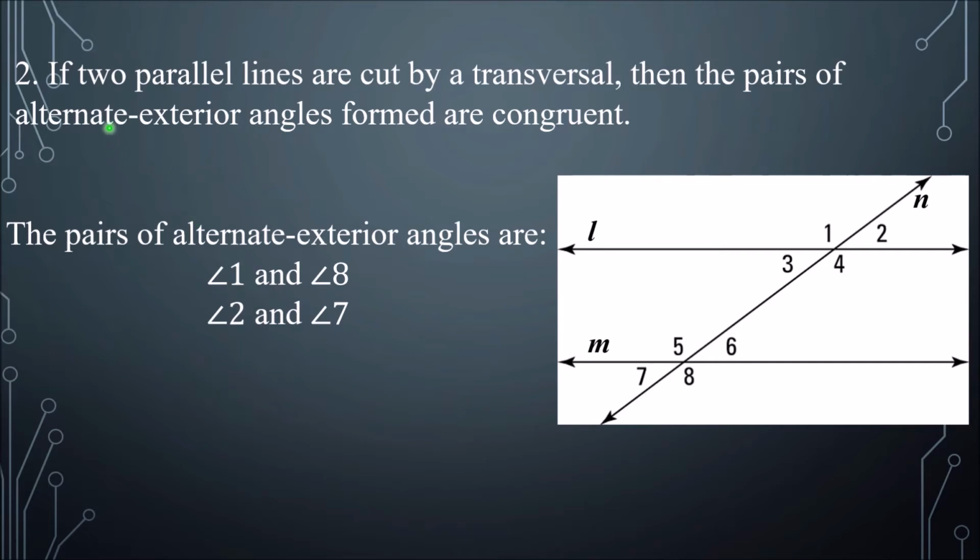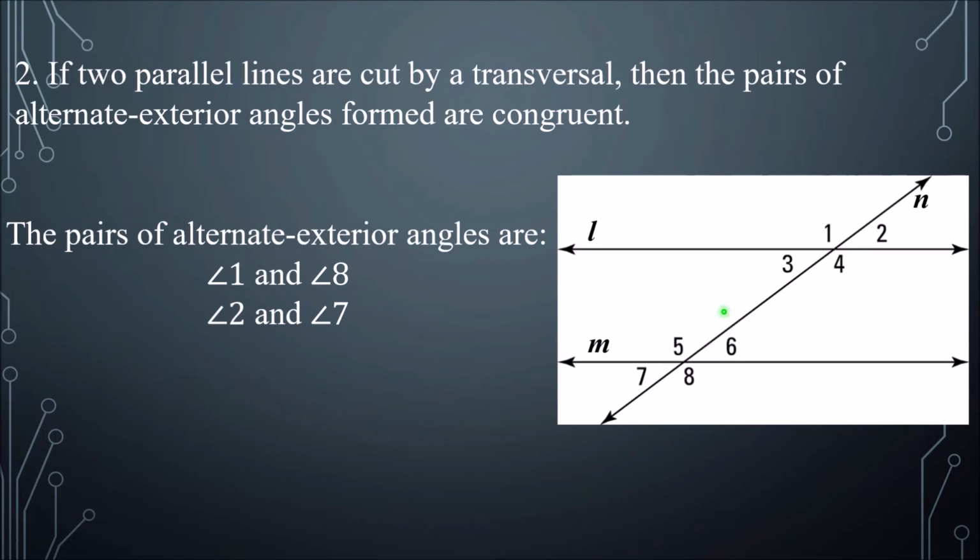Next, theorem number 2: if two parallel lines are cut by a transversal, then pairs of alternate exterior angles formed are congruent. Take note, earlier we had alternate interior, now we have alternate exterior. So what is alternate exterior?